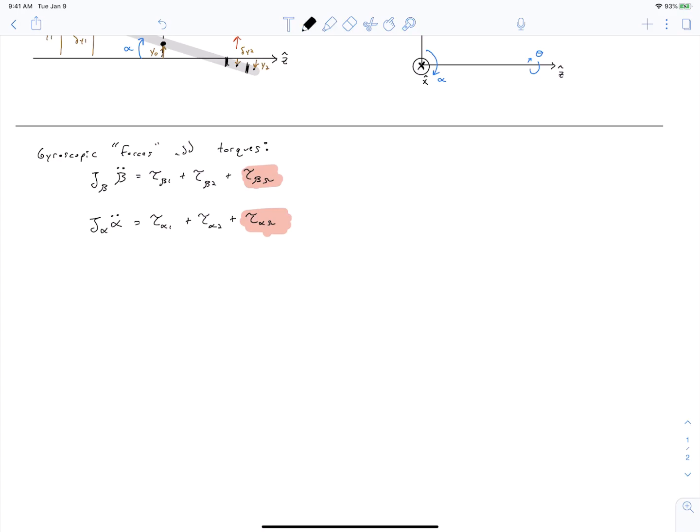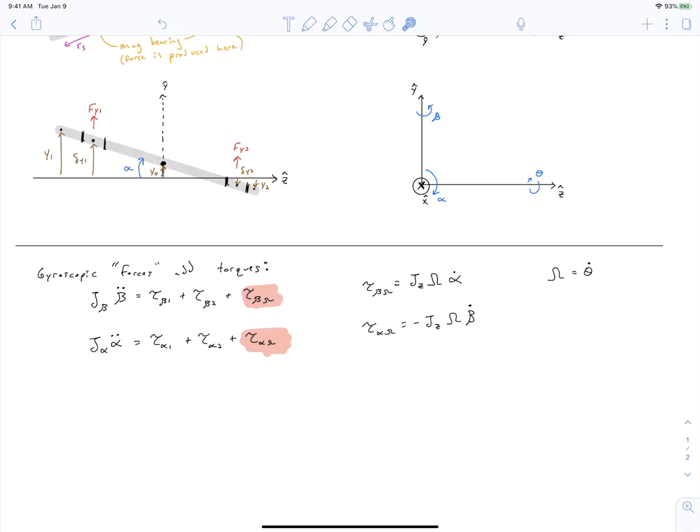So this new term, this tau beta omega and tau alpha omega, is as follows. Tau beta omega is equal to our moment of inertia about the motor's axis times the rotational speed of the motor times alpha dot.